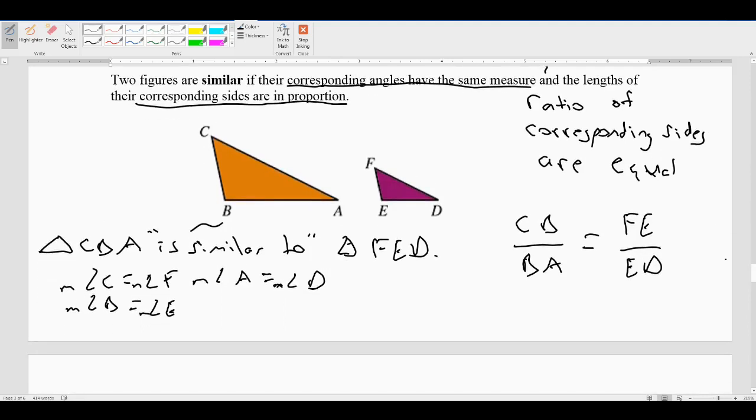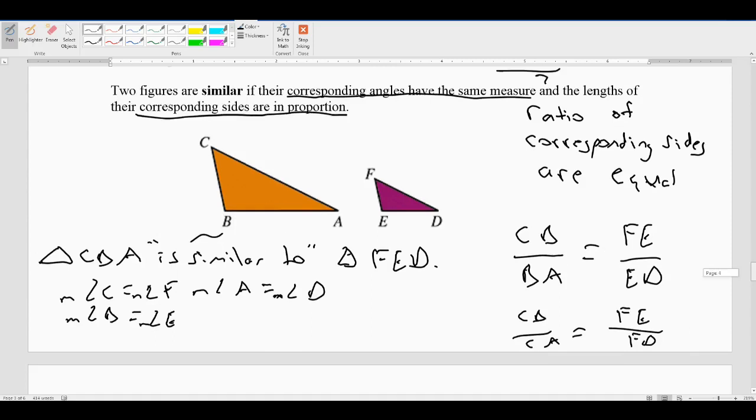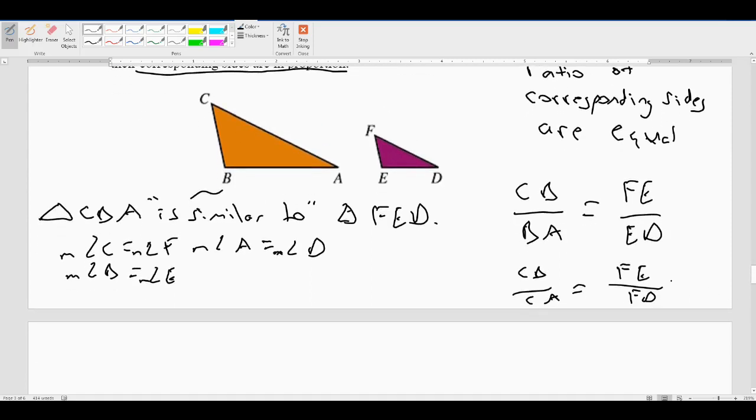I can do CB over CA too. So that's going to be equal to FE over FD. CB, CA, FE, FD. So I've done this side and this side, and then this side and this side.